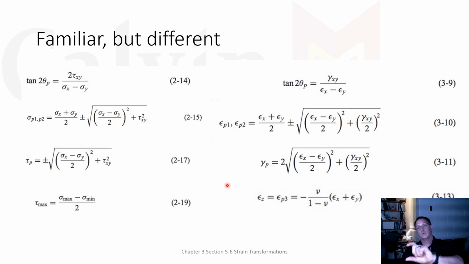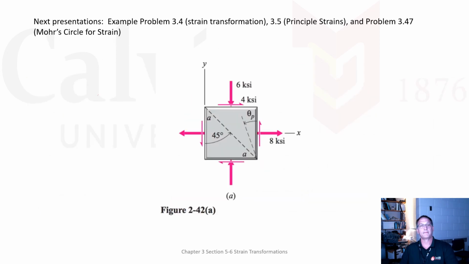And then we've got additional tricks that we're going to do in the next section. The reason for that is we can't measure stresses, but we can measure strains. So now that we can measure strains, that will lead us to be able to do some other things, and we'll play with that in the next section.